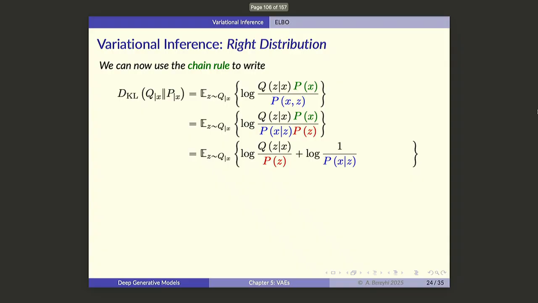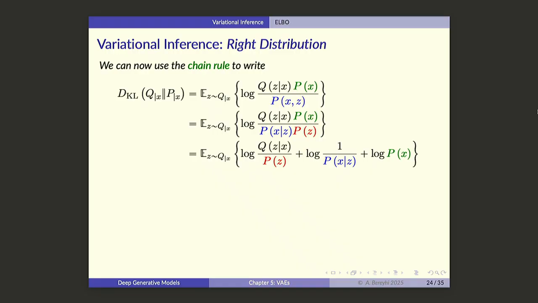So it's going to be plus logarithm of 1 over P(x|z), right? And the last term is going to be log of P(x). Everybody's cool? So I didn't do any magic, nothing specific. I just multiplied P(x) in numerator and denominator, and then I opened up the final term, right?